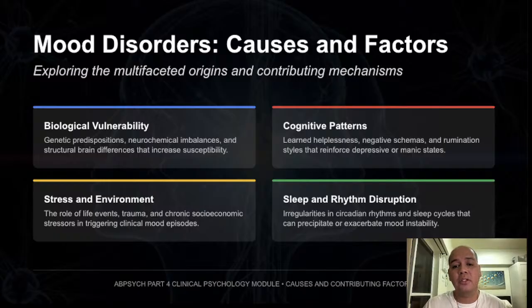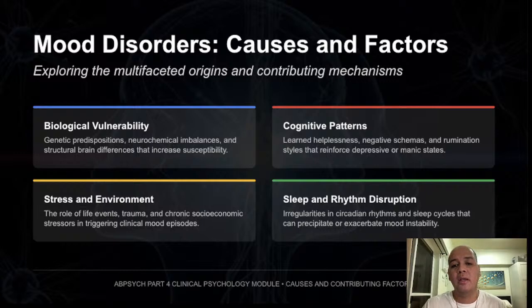For example, some people may have a family history that increases vulnerability to it. Others may carry strong patterns of self criticism, hopeless thinking, unresolved grief, trauma, or chronic stress. Sleep disruption can also play a major role, right? Especially in bipolar conditions where changes in rhythm and routine may trigger episodes.